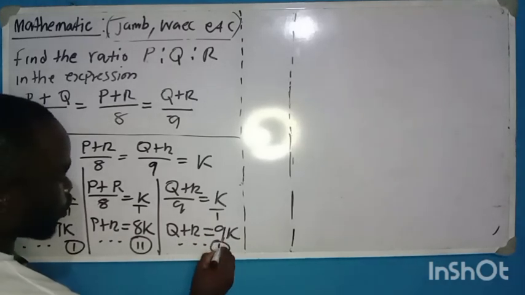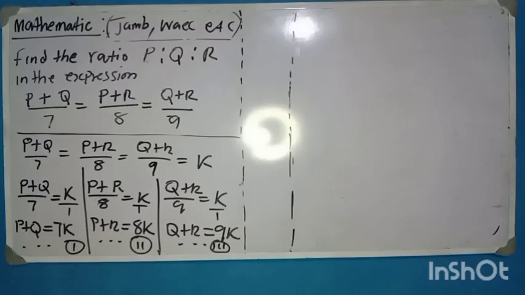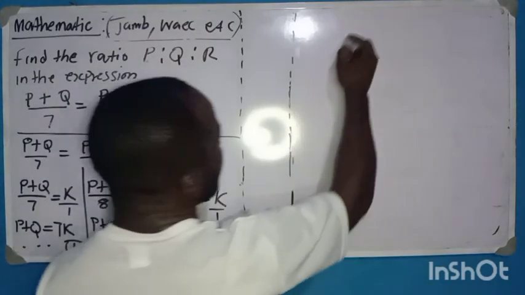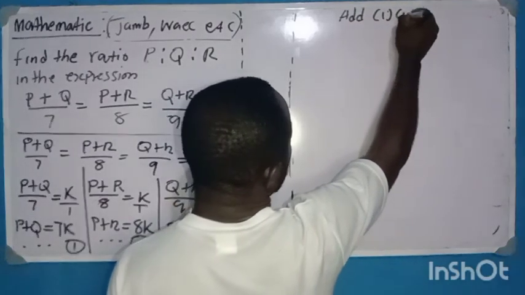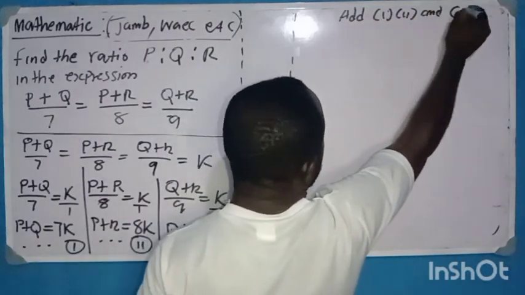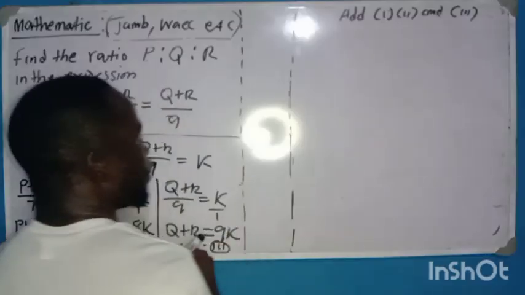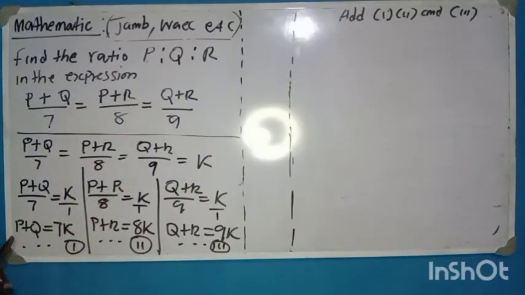Call this equation 3. Now, once you generate equation 1, 2, 3, the next stage is you will add equation 1, 2, and 3 together. So you say that add 1, 2, and 3. Now, let's add it now. Equation 1 is what?